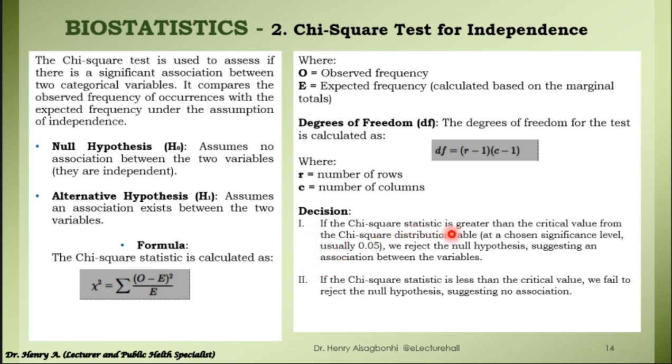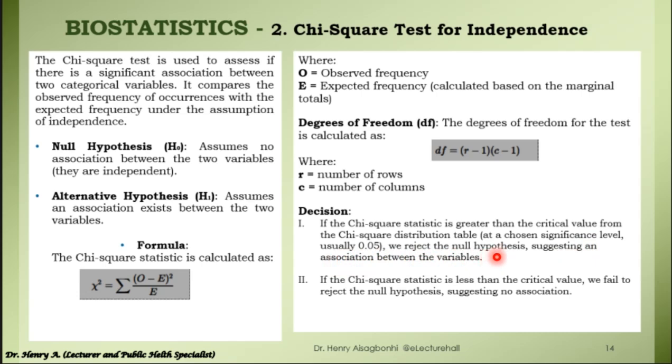When that is done, there are decisions to be taken. If the chi-square statistic is greater than the critical value obtained from the chi-square distribution table at a chosen significance level, usually 0.05, we reject the null hypothesis, suggesting an association between the variables.